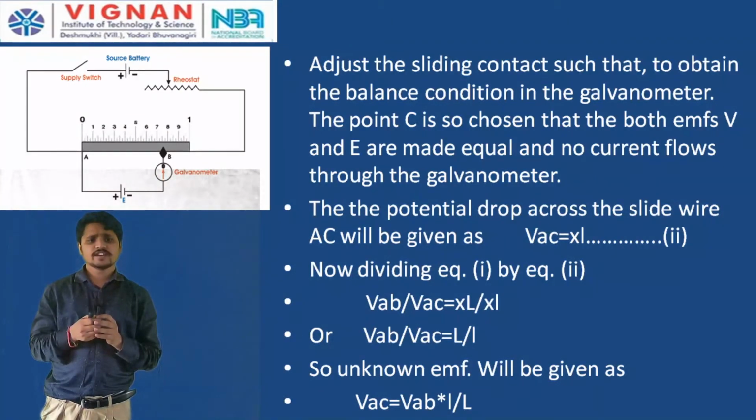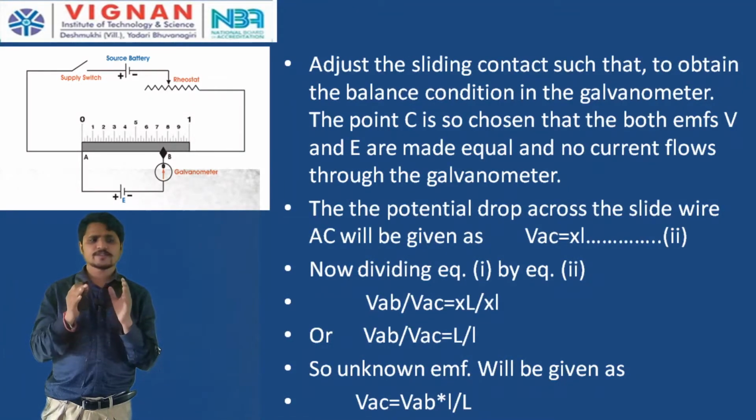That is VAC equal to VAB into small l by capital L, where VAB is the total voltage drop of the slide wire, multiplied by the length where we obtain the balance, divided by the total length of the slide wire. So this is the construction and working principle of the slide wire potentiometer.